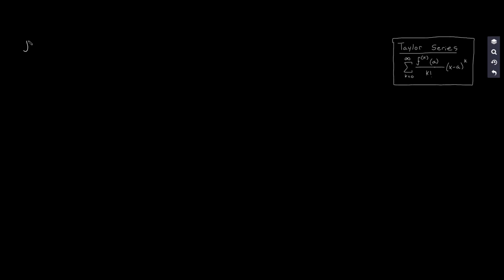Imagine that we have a function f of x, and the function f of x is set to sine of x. This has a center point, and the center point is a, and it's set to 5 pi over 3.